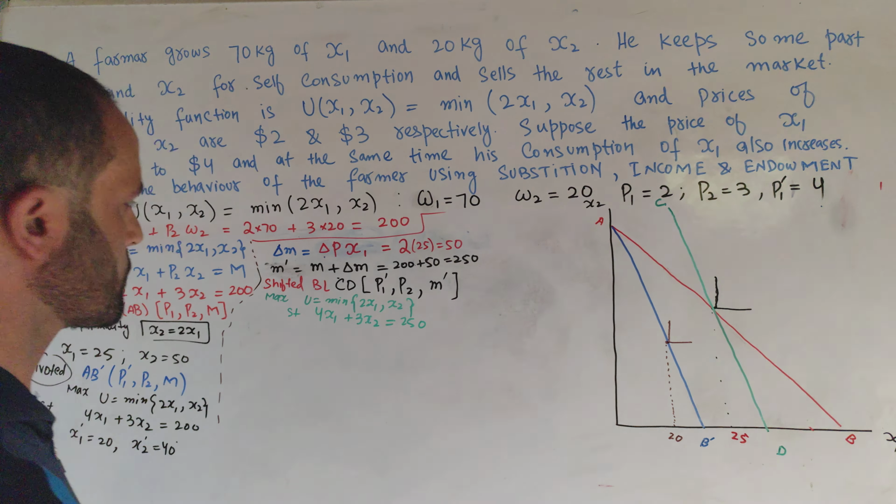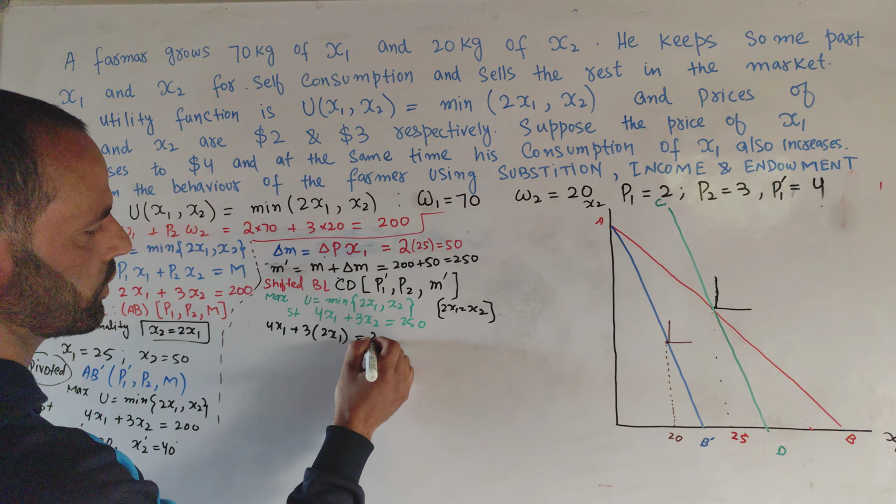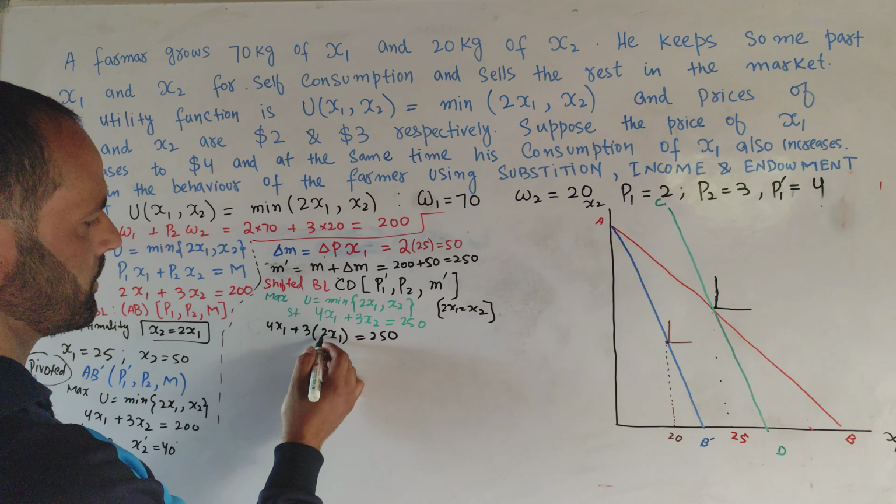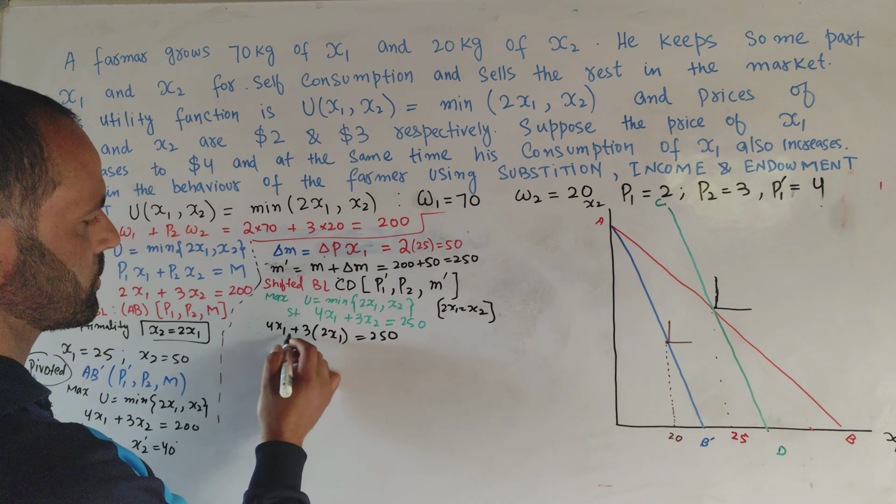Again doing the same task, the consumer is at equilibrium when the slope of the budget line is equal to the slope of the indifference curve. So using that very condition again, we equate 2x1 with x2, and solve. Plug the value in here, so we get 4x1 plus 3 into x2, which is 2x1, equal to 250.